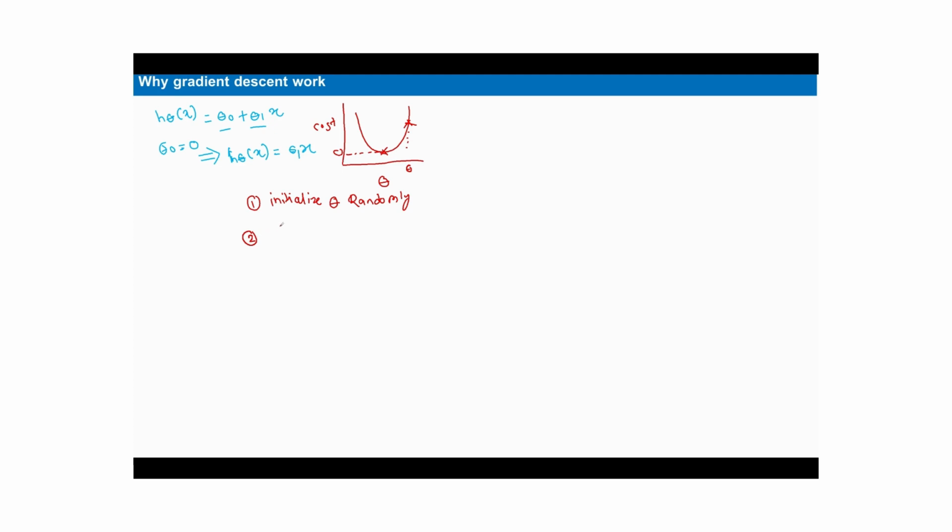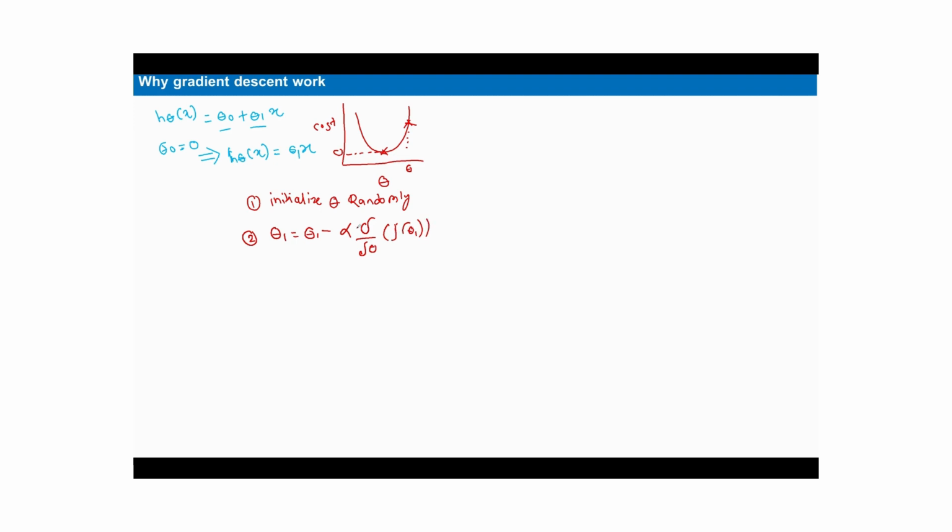What we need to do is update theta 1 as theta 1 minus alpha times the partial derivative of the cost function with respect to theta. Here only one theta is there, so I kept it as theta 1.